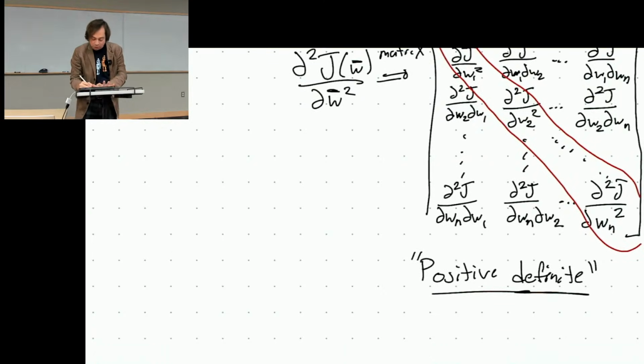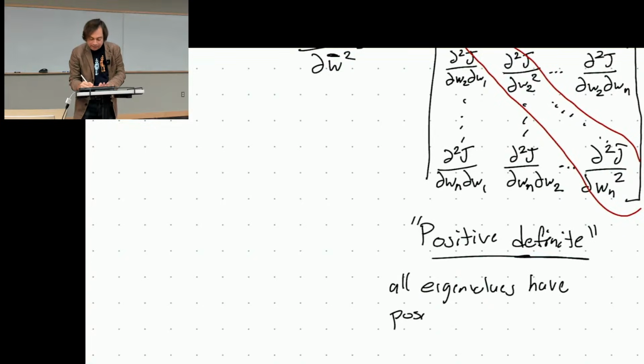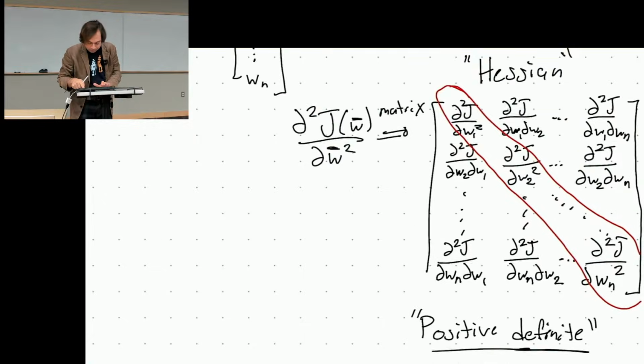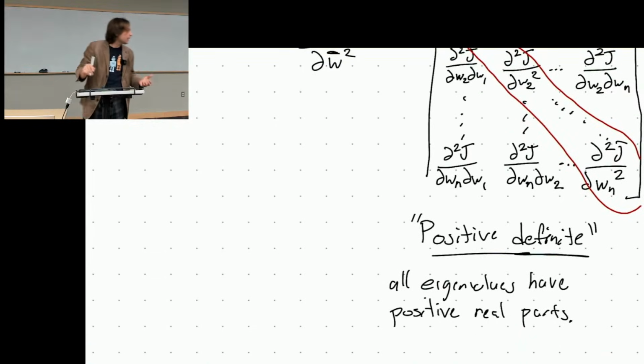And what that means is all eigenvalues have positive real parts. That's as linear algebra-like as we're getting today. That's just so you know about it. I won't expect you to compute an eigenvalue by hand or anything. That's a concept from linear algebra.